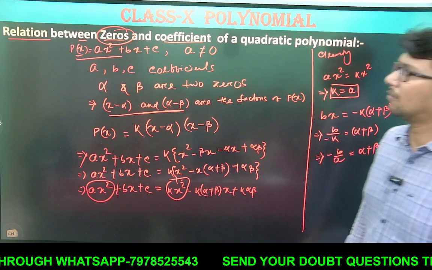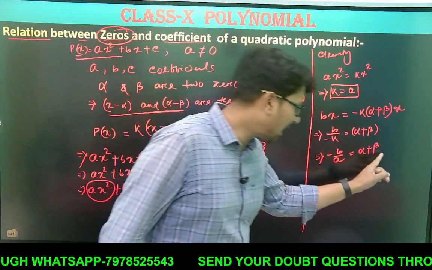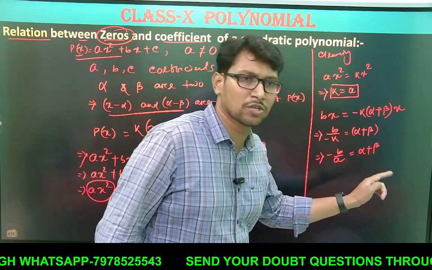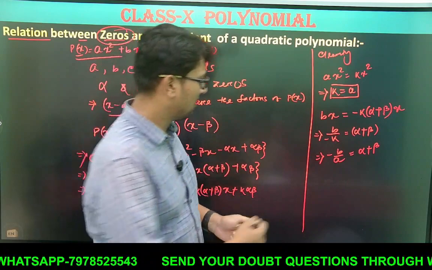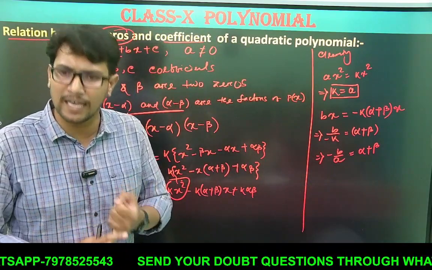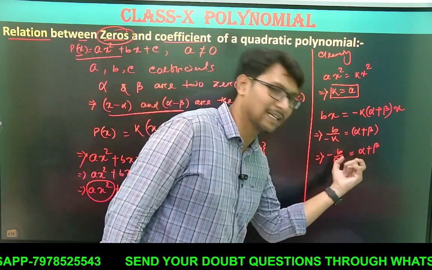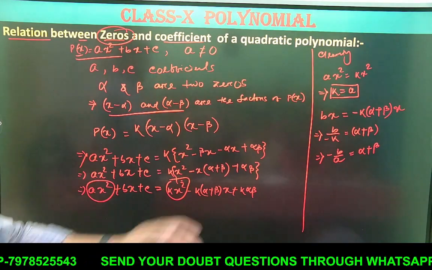Our topic is the relation between zeros and coefficients. What are these two? Zeros. So the sum of zeros equals minus b by a. What is b? Coefficient. What is a? Coefficient. So is it a relation we have got or not? Is it not a relation?